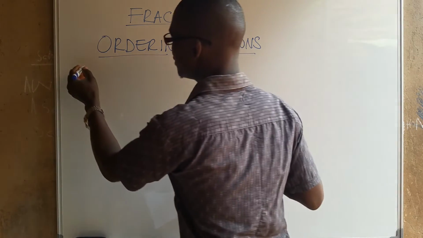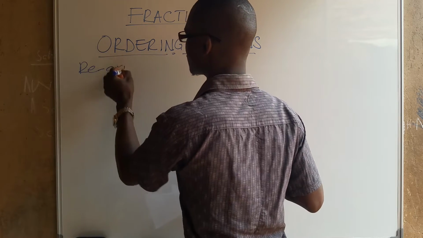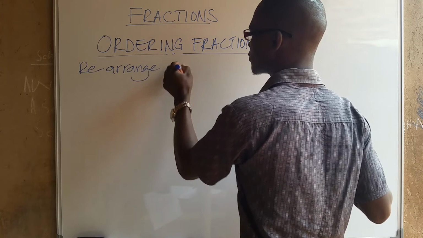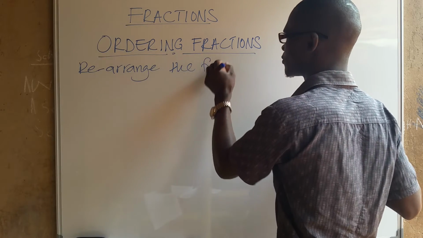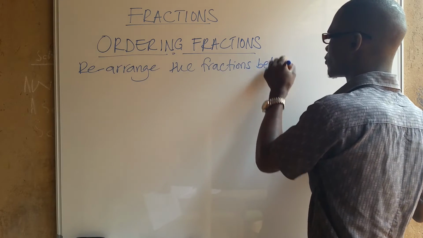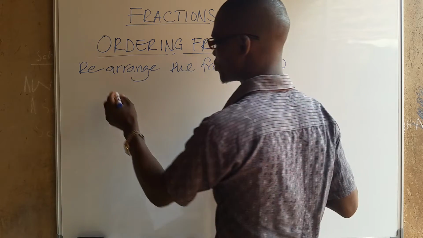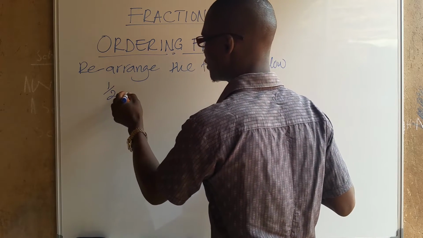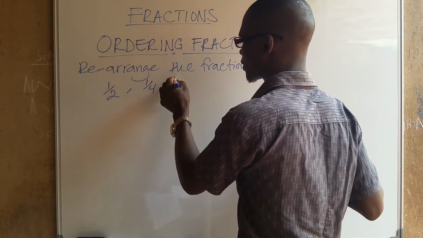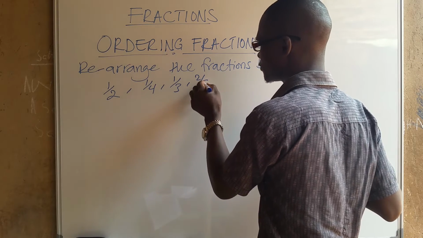We can say, rearrange the fractions below, and those fractions will be a half, a quarter, a third, 2/5.